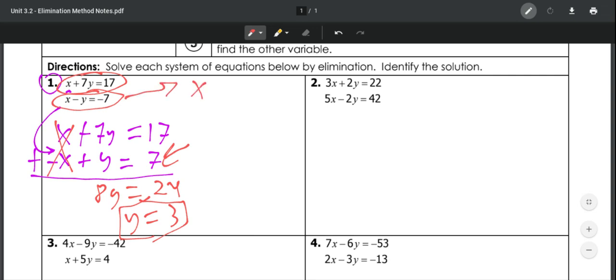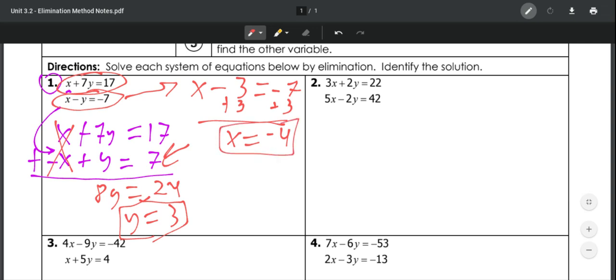I've got x minus 3, because y equals 3, equal to negative 7. Then I'm going to add 3 to both sides, so that gives me x equal to negative 4. Now that I found x and y, my final answer is written negative 4, 3.